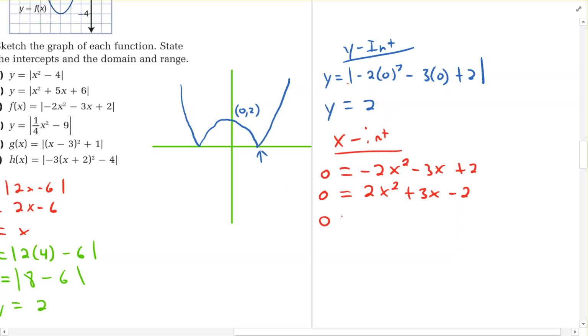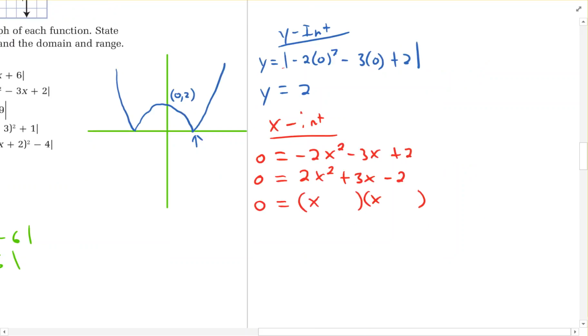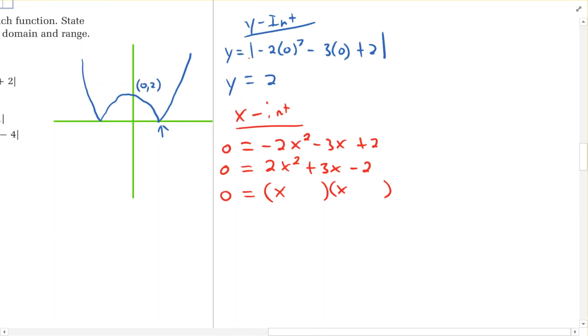So now let's factor this. Actually I can't really do that one because this value isn't equal to 1. So what we need to do is figure out our two numbers, and our two numbers need to multiply to negative 4, and they need to add to 3.